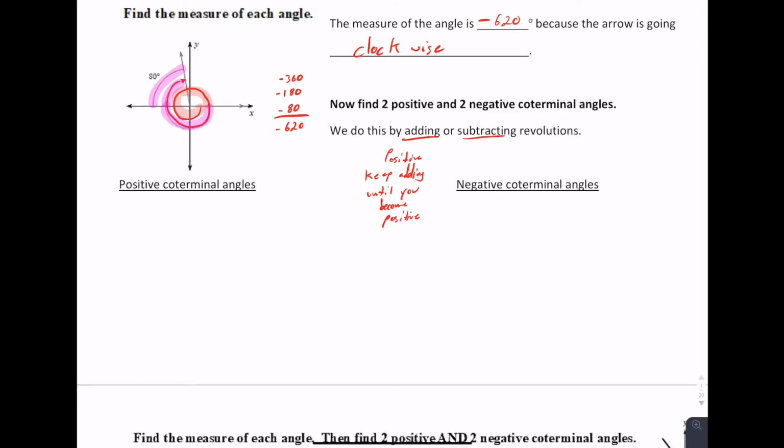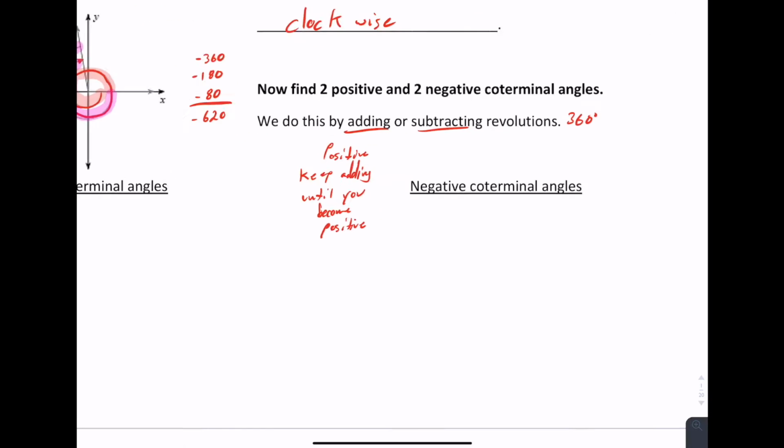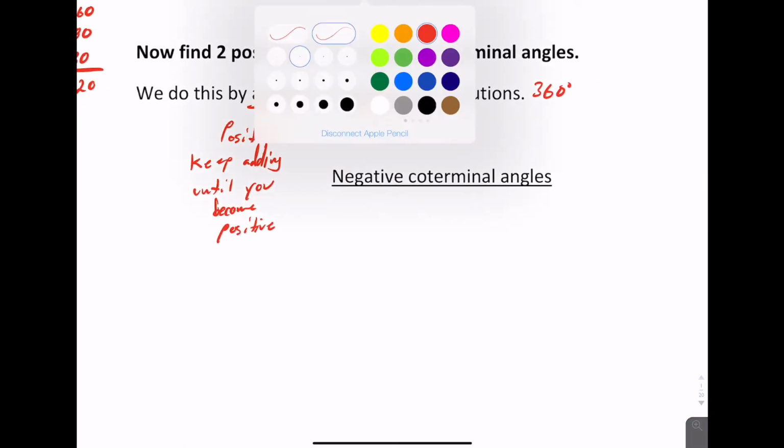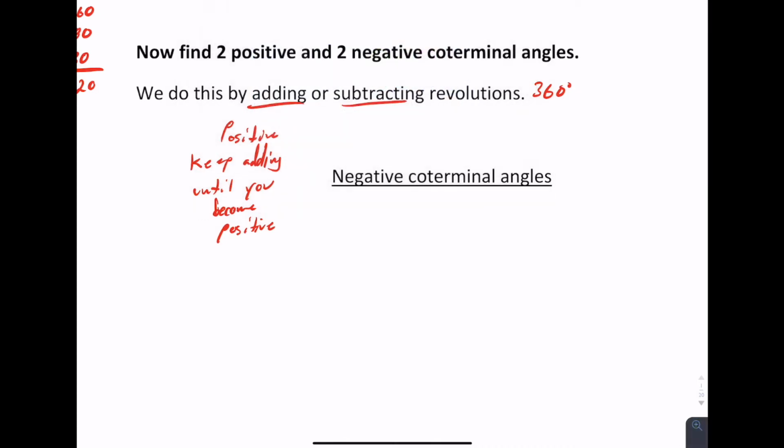And then subtracting revolutions, which means we're subtracting or adding the 360. Remember, it's all about 360. Subtracting that means it's the same as positive. So you keep subtracting until you're negative.